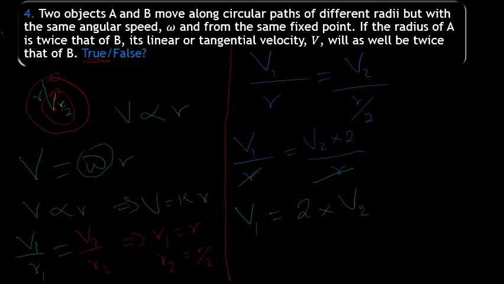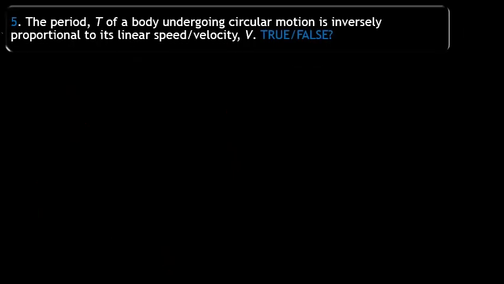Hence, true. The correct option is true. All right, the next one. The period T of a body undergoing circular motion is inversely proportional to its linear speed or velocity. True or false? It's true.